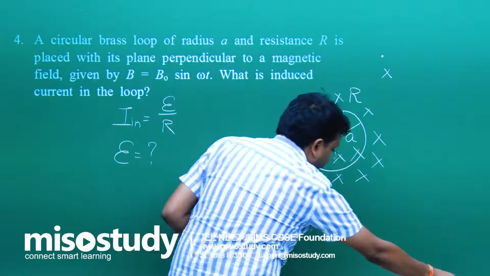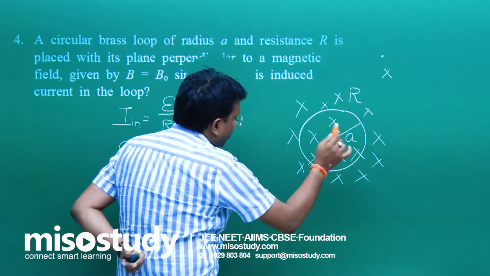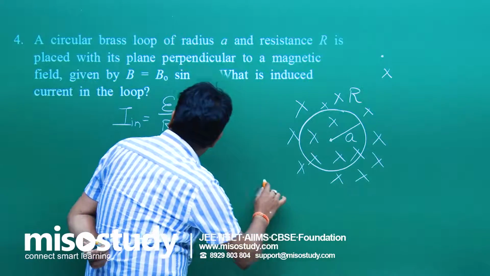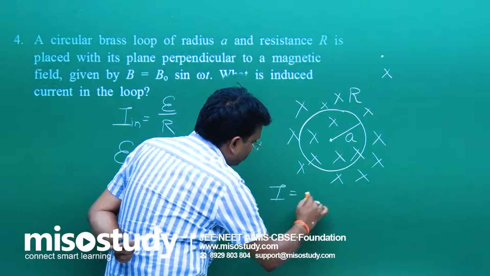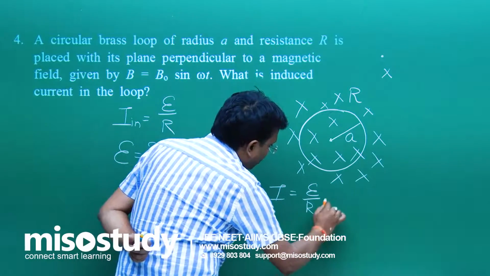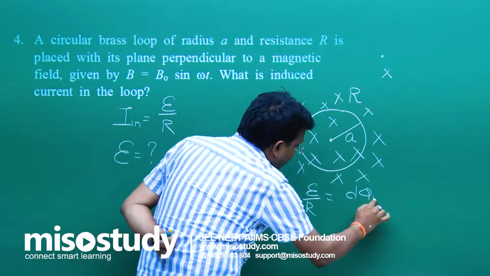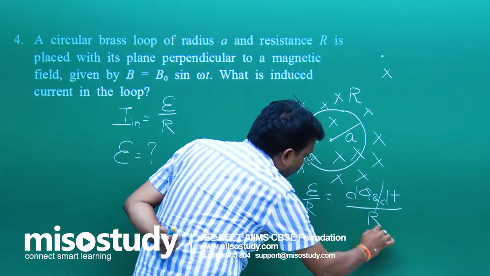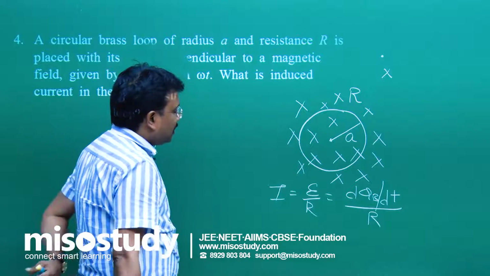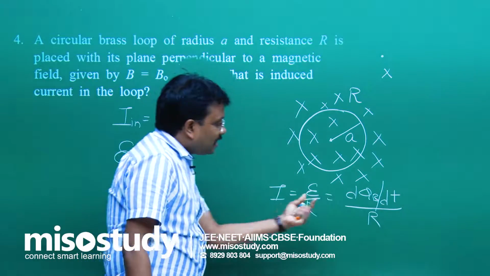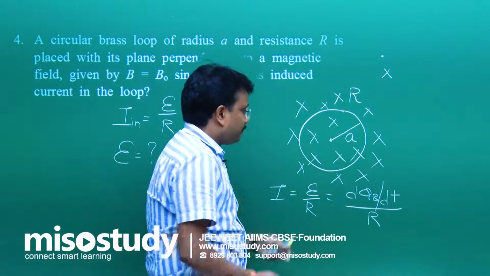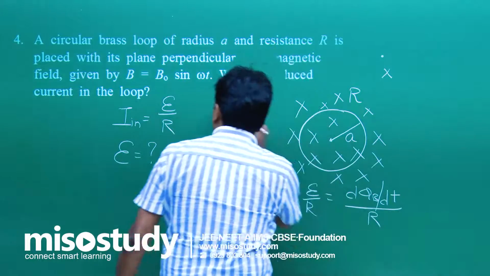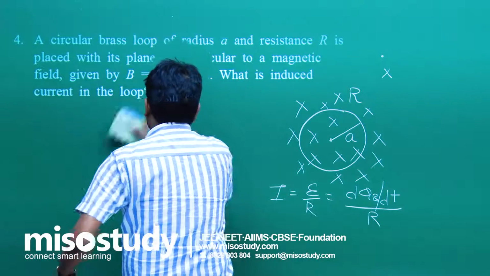Fine. So from here I can write this relation: I is equal to EMF by R, which is equal to d phi B by dt upon R. No problem, a simple relation. Now consider this magnetic field. Actually a very simple trick is used over here.